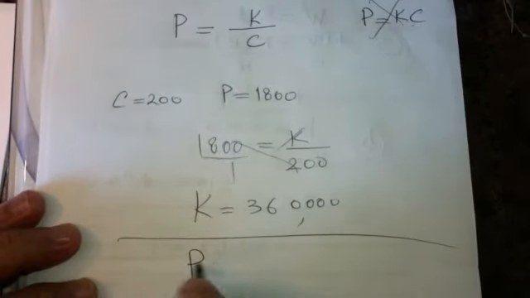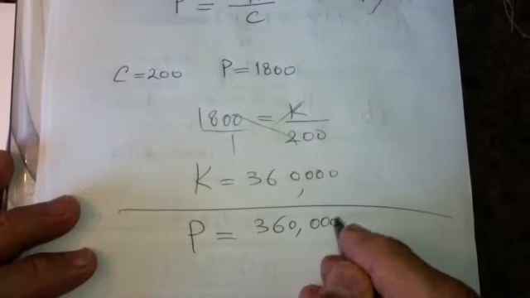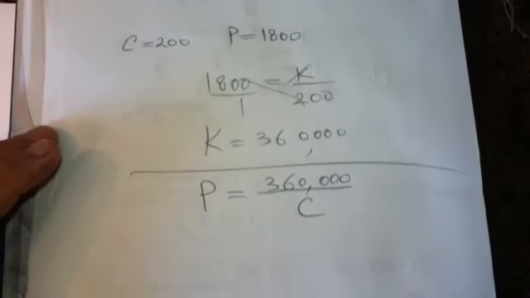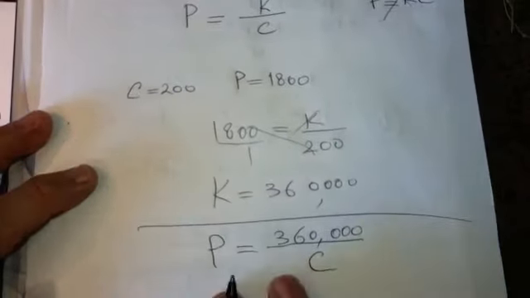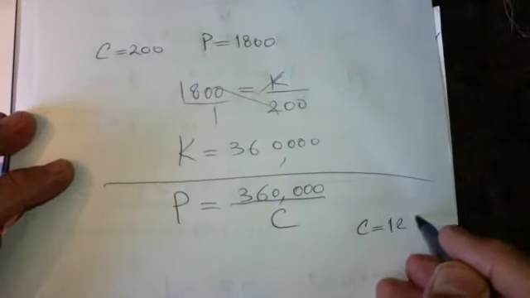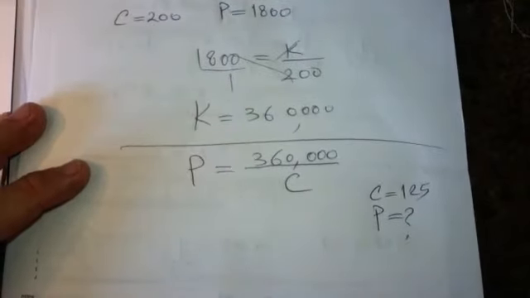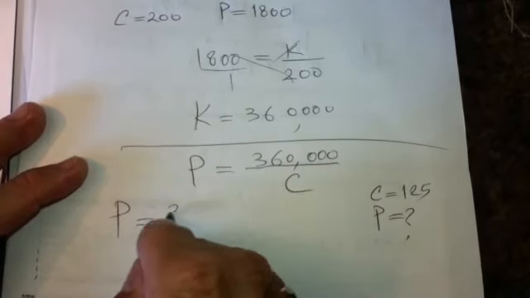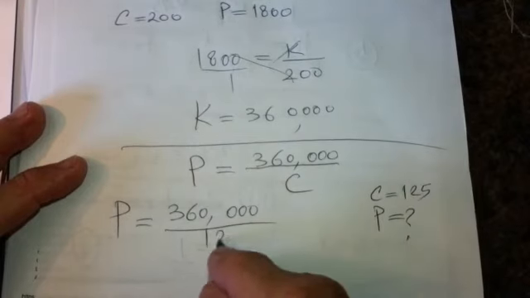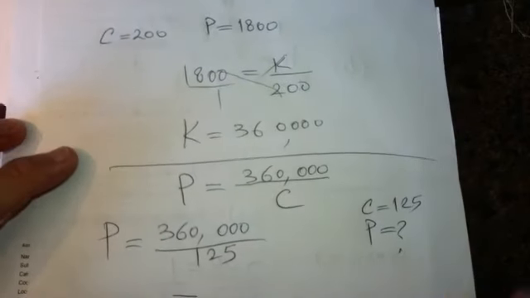So the value of P is 360,000 over C. And that is ready for the second part. The second part, they are saying if C is 125, what is the value of P? And that gives you 2880.